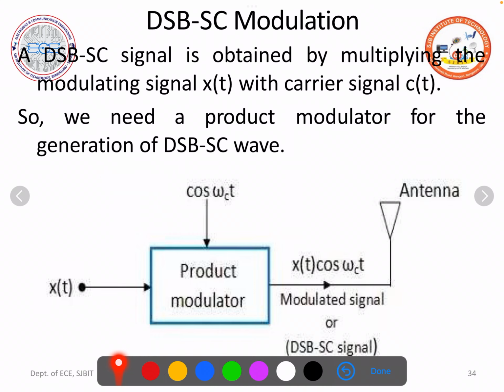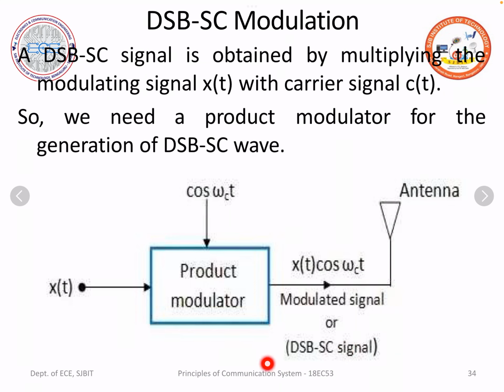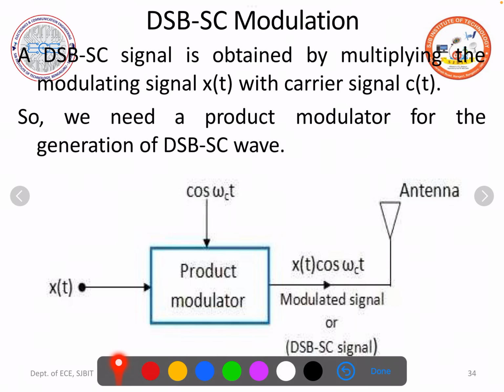This simple diagram illustrates DSBSC modulation, where you have a message signal x(t) and a carrier signal cos omega ct, or Ac cos omega ct, and a product modulator. When these two signals are multiplied, you get x(t) into cos omega ct. This is the modulated, or DSBSC, signal, and it is transferred across the channel.